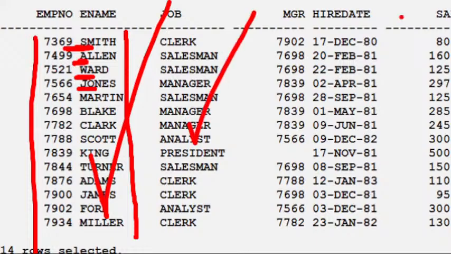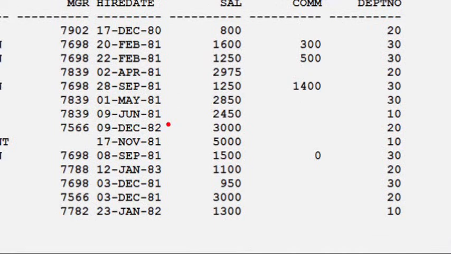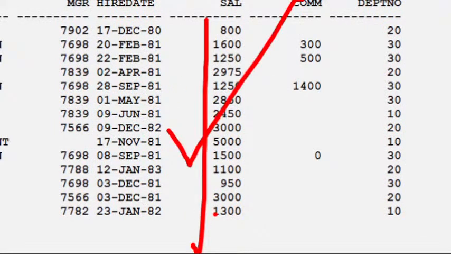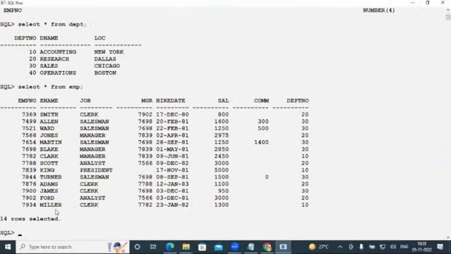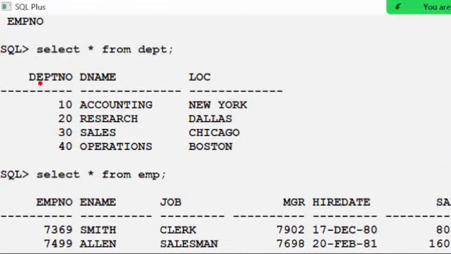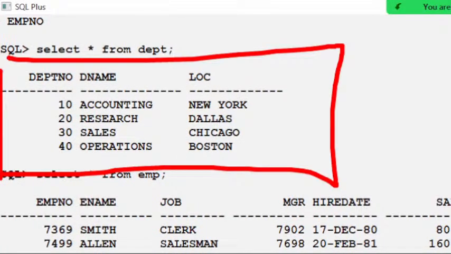Same here also. Salaries, do they have any order? No, this is correct. So whether order is there or not there, it does not matter. Department numbers also, you can see there is no order, but it is correct. So all rules are satisfied.